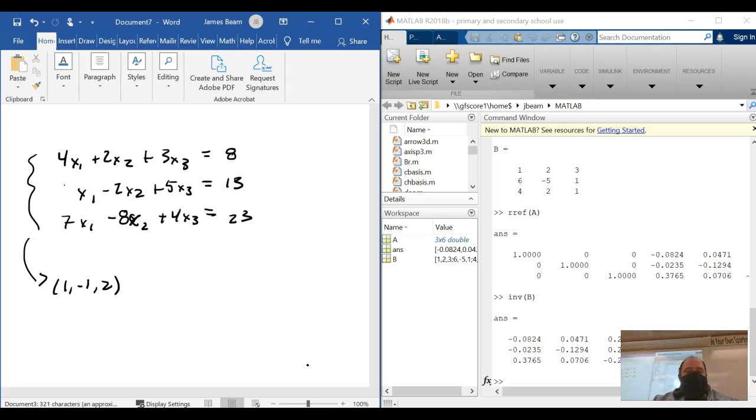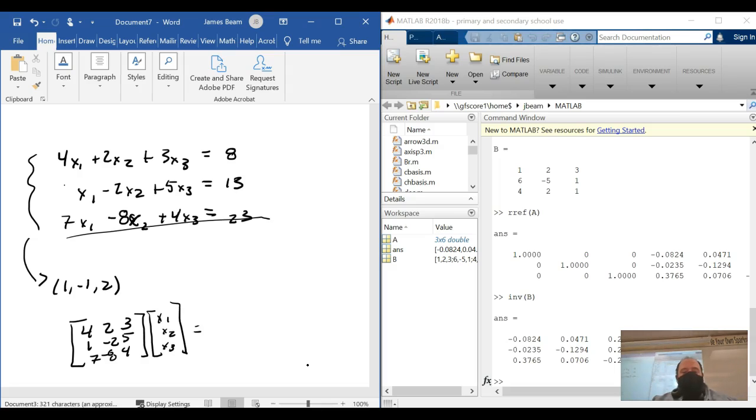So to visualize this, we're going to make this matrix 4, 2, 3, 1, negative 2, 5, 7, negative 8, 4 times x1, x2, x3 equal to 8, 13, 23.